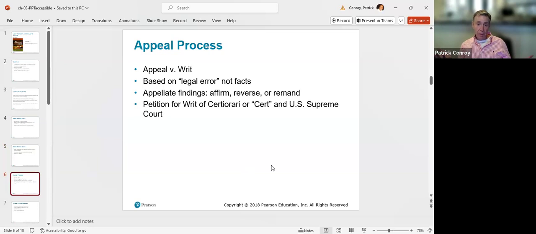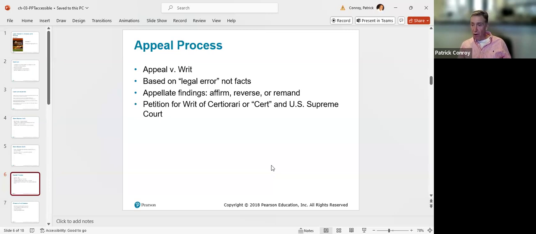So the appeal process, I think this is a review for most of you. It's based on legal error, not factual error. Trial courts decide the facts. Appeals courts are for when the judge in the other case made a legal error. Now, appellate courts can affirm, reverse, or remand. Sometimes they reverse and remand both.